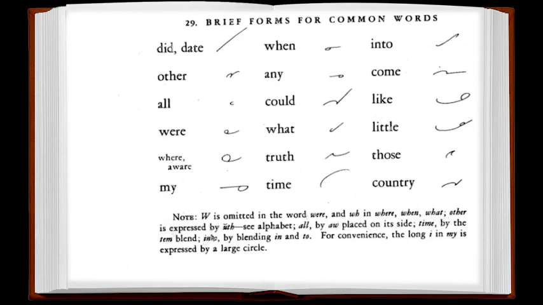Other is expressed by UTH. See alphabet. All by aw placed on its side. Time by the TEM blend. Into by blending IN and TO. For convenience, the long I in my is expressed by a large circle.